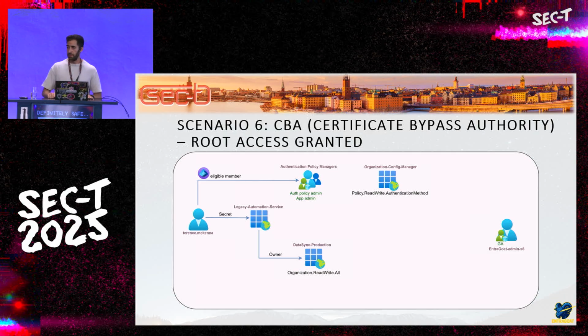Okay, scenario number 6 is much more complex, and it shows that a service principal can be an owner of another service principal. So if in the first scenario we saw that a user can be an owner of a privileged service principal, in this scenario you have to do that basically twice, because you get secret access to a legacy automation service, and that service principal is an owner of another service principal.